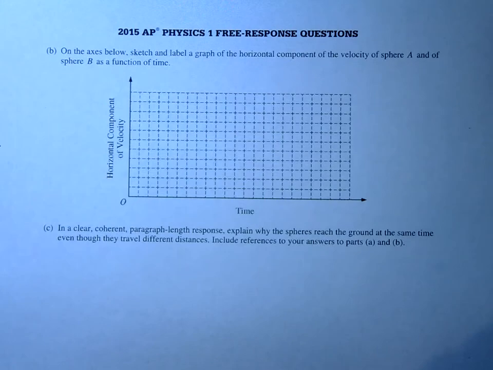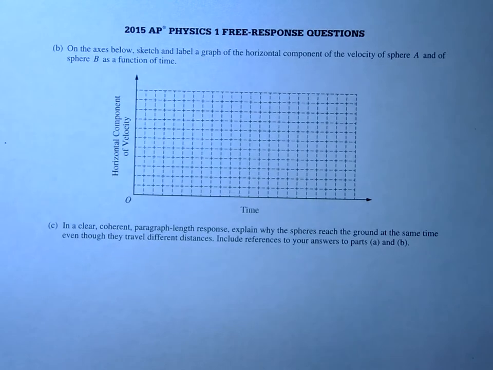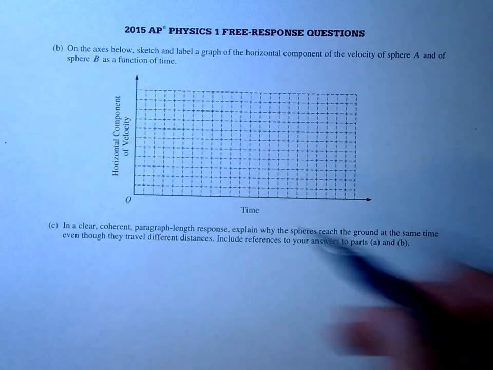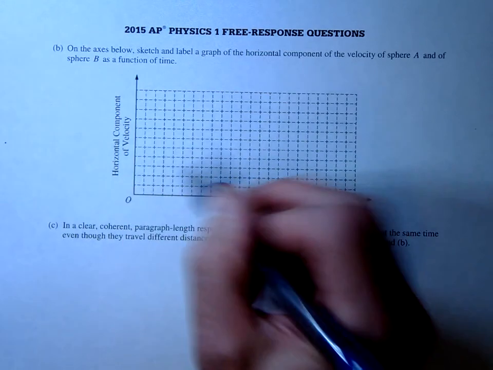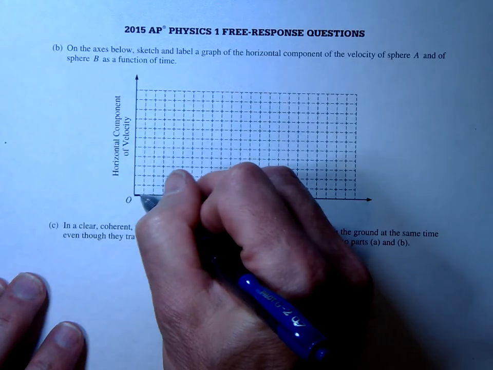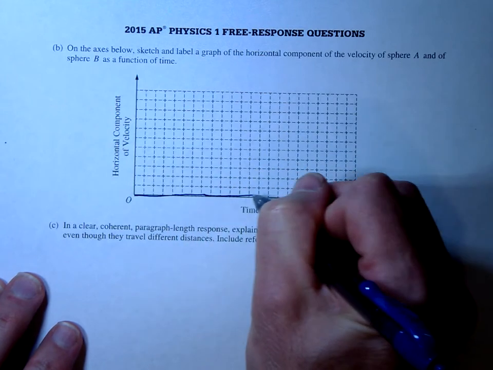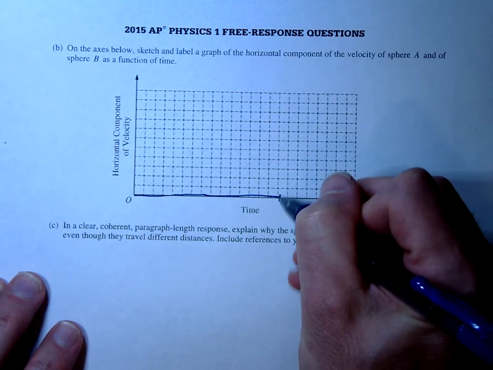Question B, find the horizontal component of sphere A as a function of time, right? Again, this is a classic thing that we've talked about. Sphere A has no horizontal velocity at all, so it's just going to be a nice horizontal line, whatever you want to call T final.